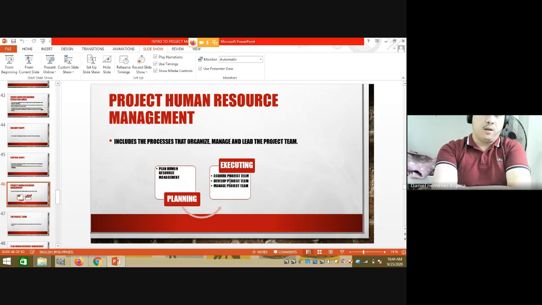In the execution, we have acquiring the project team and developing the project team. In developing the project team, we have trainings, team building activities, and so on. Managing the project team is actually the responsibility of the project manager, with the approaches and techniques to resolve a conflict.